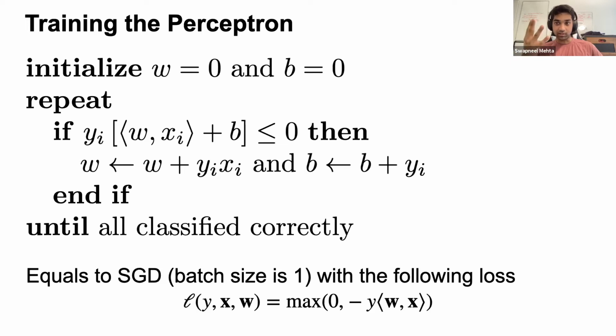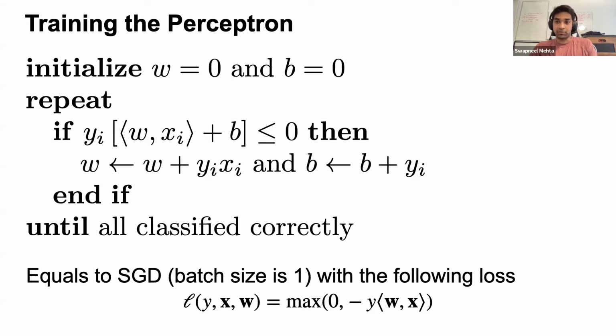So we saw 4 cases. 2 of them are correctly classified. The product is positive because minus times minus is plus, and plus times plus is plus. I'm talking about the product here. And in both the other cases, where plus is classified as minus or minus is classified as plus, the product will be negative. That's all that this mathematical term is saying: the target times the prediction is less than 0.